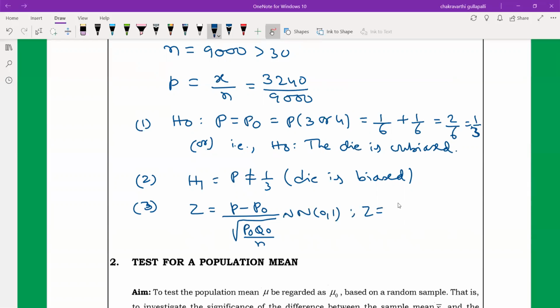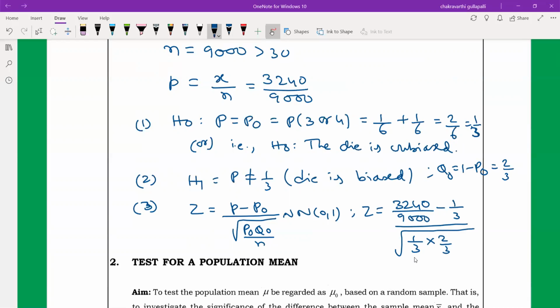Z is equal to small p, which is 3240 by 9,000, minus P naught, which is 1 by 3, divided by square root of P naught 1 by 3, and Q naught, which is 1 minus P naught, equal to 2 by 3, whole divided by n. N is 9,000 here. After simplification, this value is 5.36.